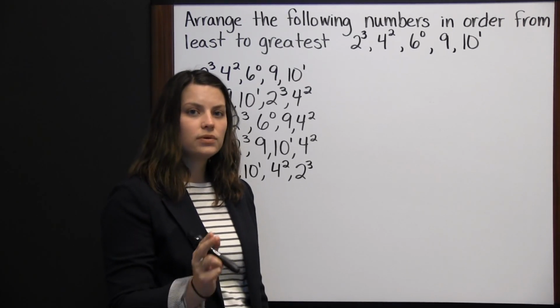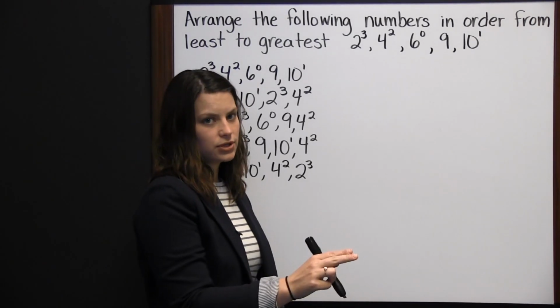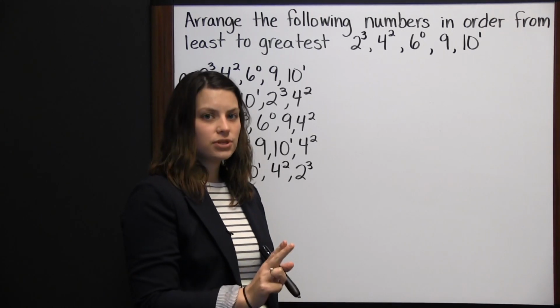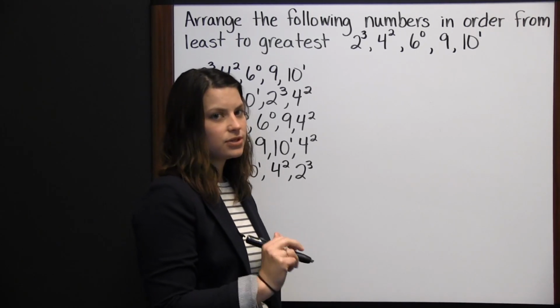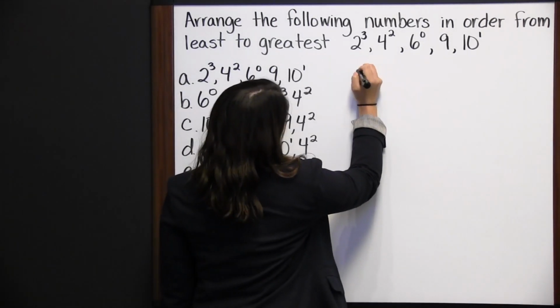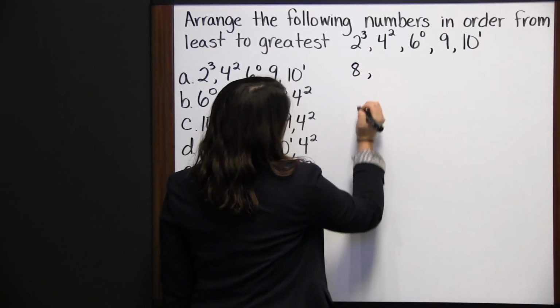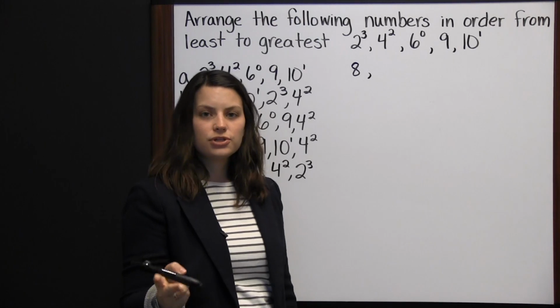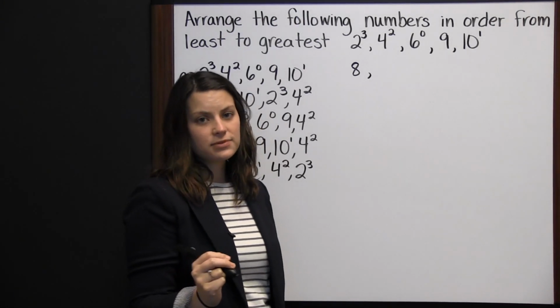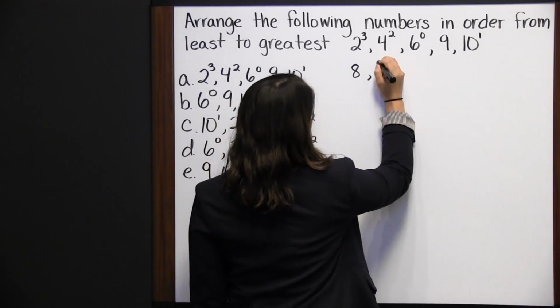So that's 2 times 2 times 2. 2 times 2 is 4, times 2 is 8. So that is 8. 4 squared is 4 times itself 2 times. 4 times 4 is 16.